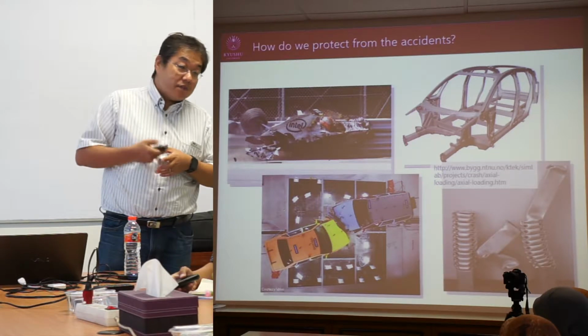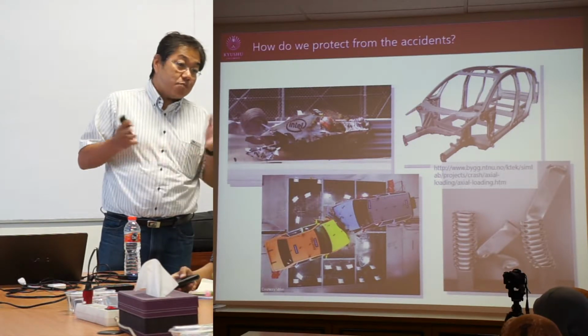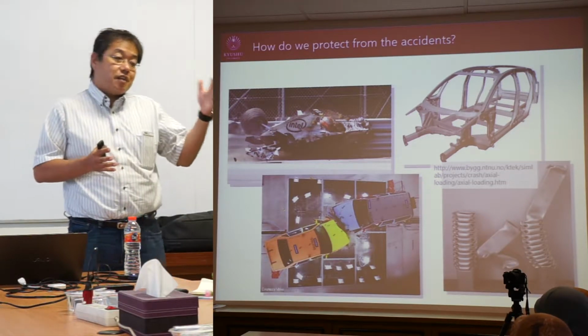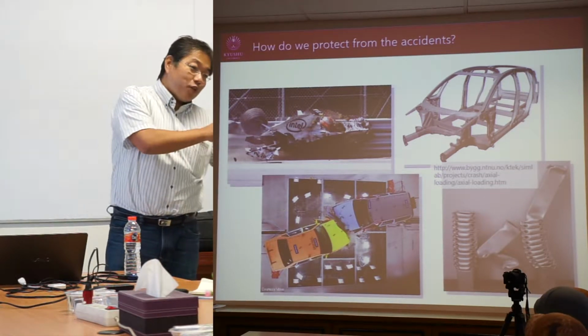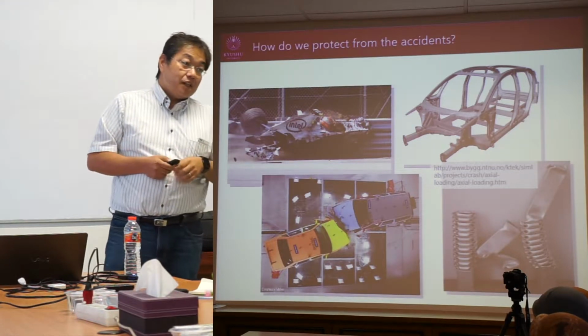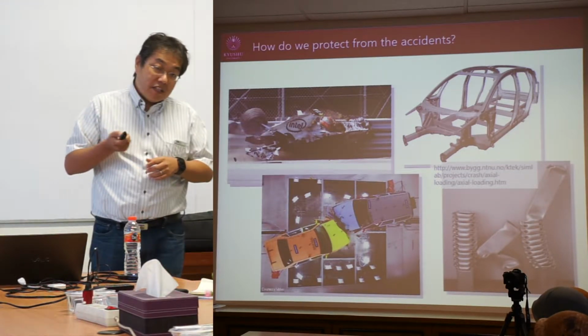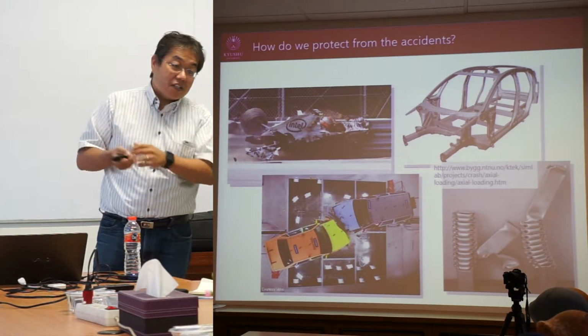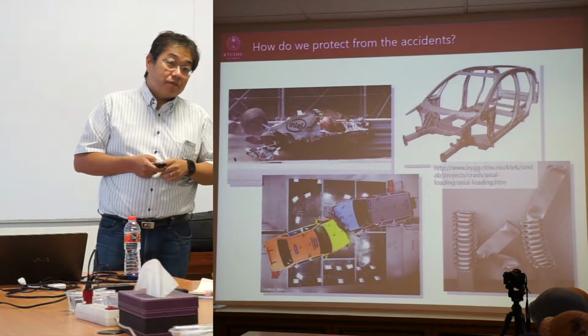This one is about half of it. This is very big dissipation of energy. Dissipation is big, so the damage to the human body is reduced. So material design of cars is very important.